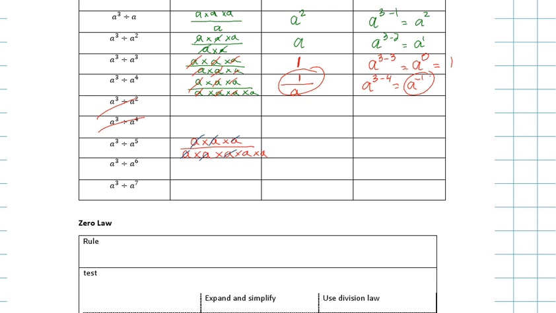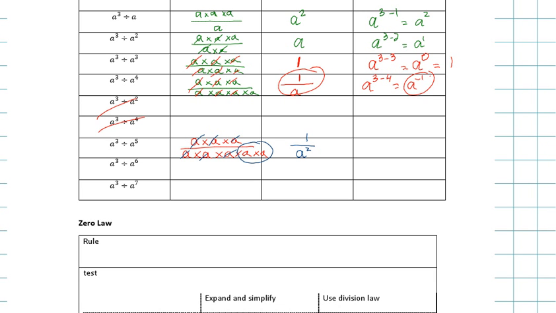So what am I left with? 1 over a squared, because I have a times a, which is a squared. Do you understand that? I have nothing left in the numerator, so that's 1. In the denominator, I have a times a. A times a is a squared.